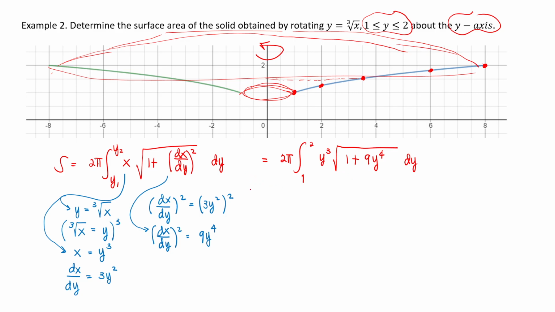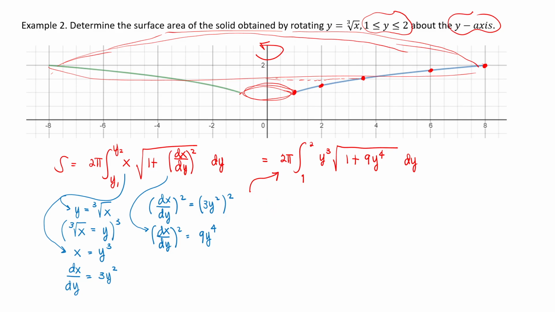Okay, so you can plug this into the calculator. It may take a while to get the answer, since this is to the power of 4 and y cubed is outside.